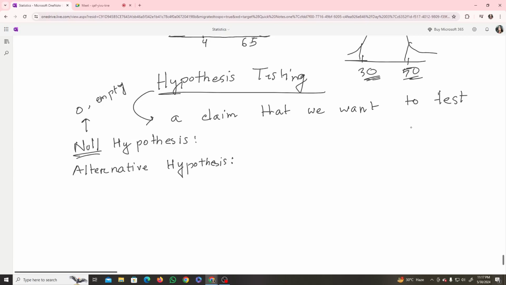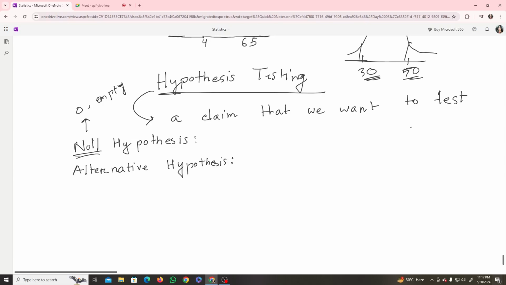So we can think of it as a false hypothesis. And the alternative hypothesis is everything that is not a null hypothesis. So let me make it clear for you. The null hypothesis is something that is currently accepted for all.